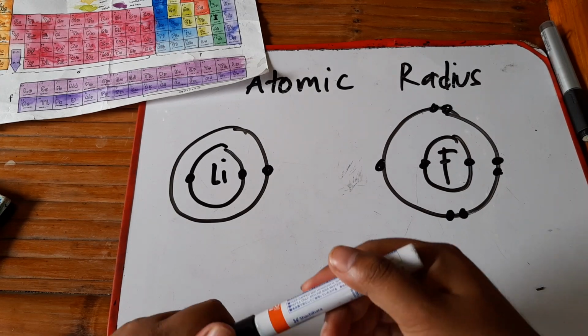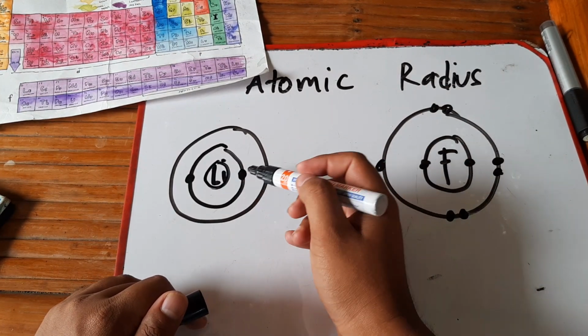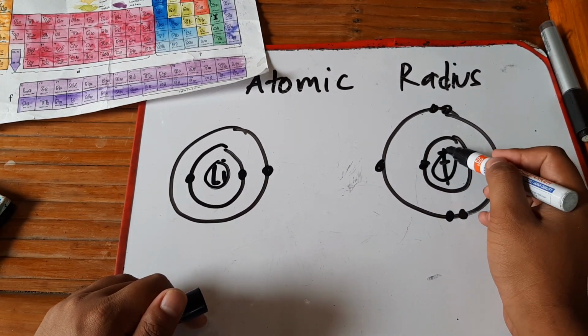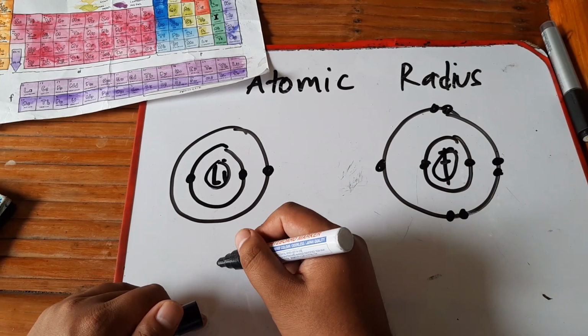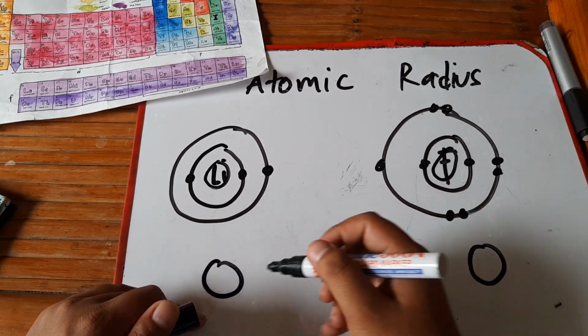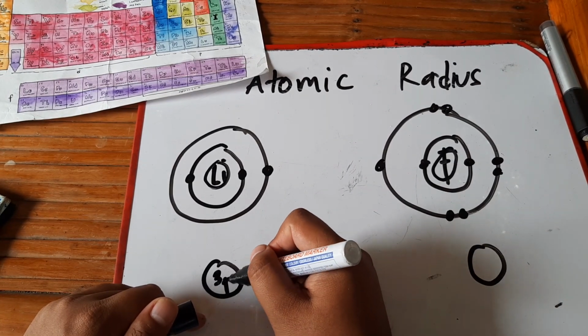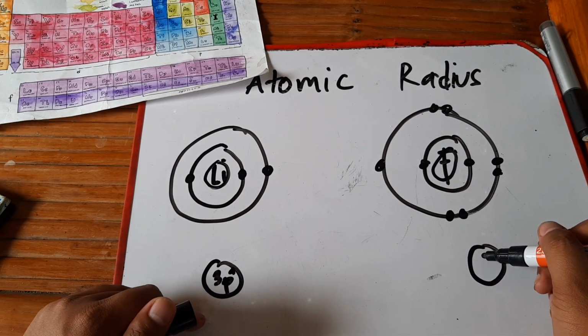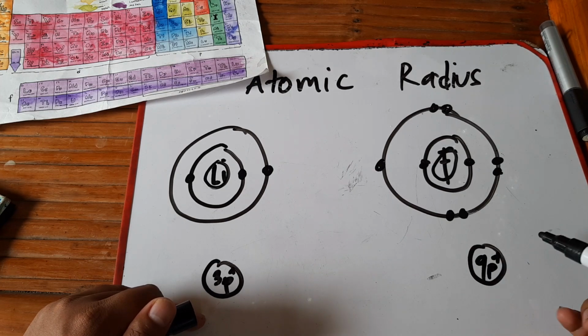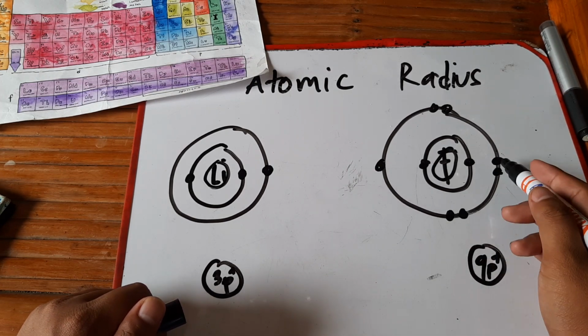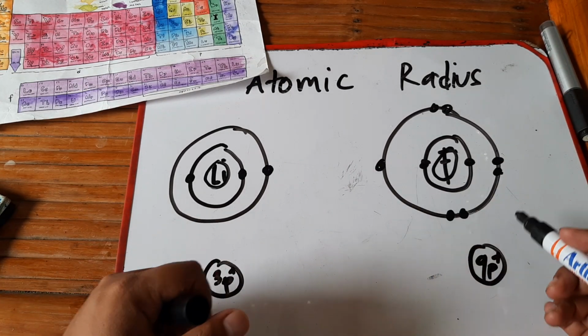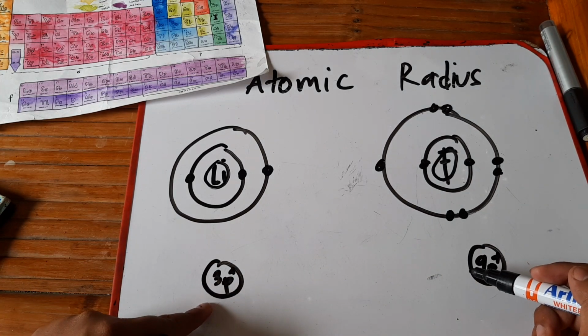But take note that inside the nucleus are protons. Inside fluorine and lithium, let's put separate nuclei. Since we have 3 electrons, we also have 3 protons. Here we have 9 protons. So the pull of the 9 protons would be stronger as compared to the 3 protons.